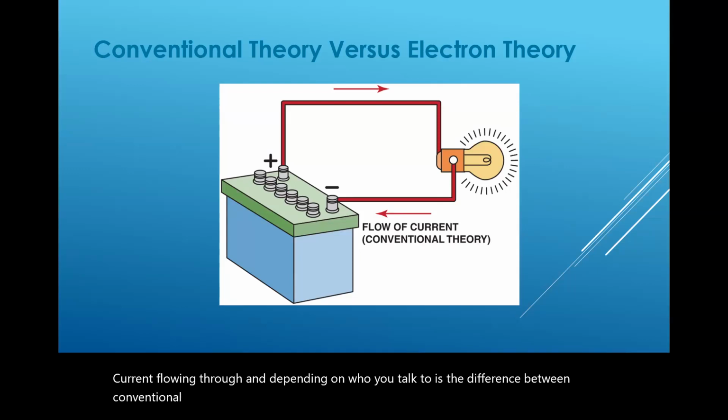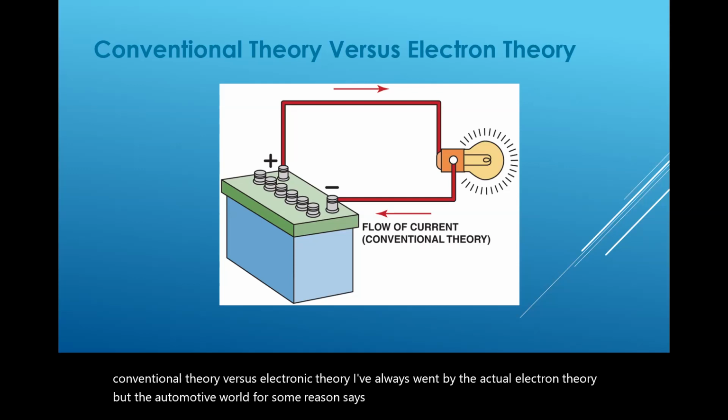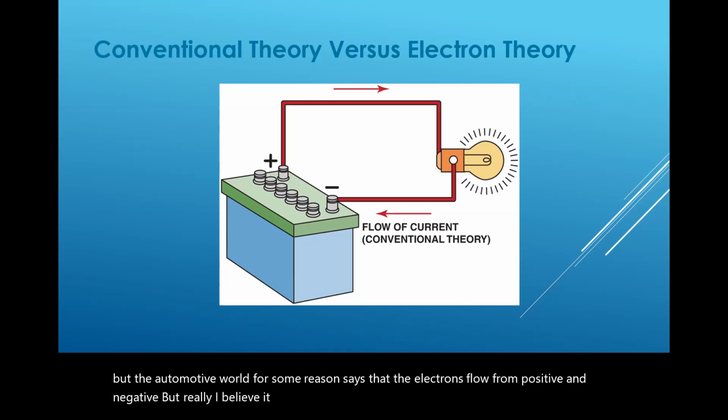I've always gone by the actual electron theory, but the automotive world for some reason says that the electrons flow from positive to negative, but really I believe it goes from negative to positive, but it really doesn't matter. It's just the way you look at it.